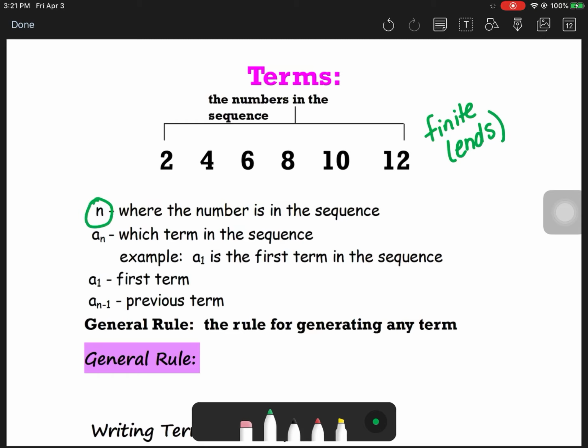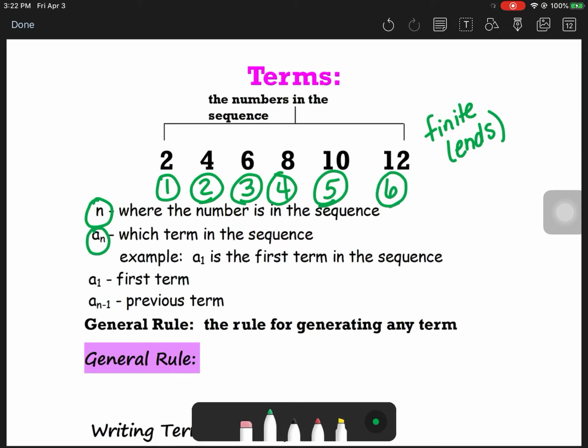N stands for the number or the position that the term holds. So this is in position 1, this is in position 2, the 6 is in position 3, the 8 is in position 4, the 10 is in position 5, the 12 is in position 6.